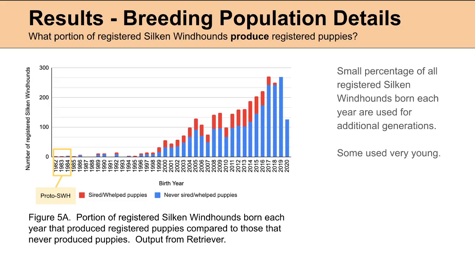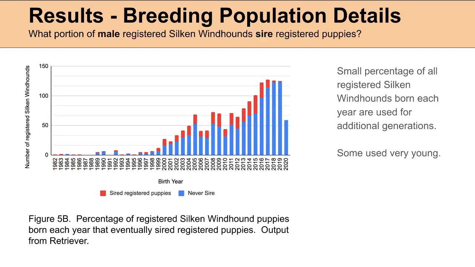In red, on those same bars, you will see the portion of Silken Windhounds that contributed to future generations. What we can tell from this data is that only a small percentage of all registered Silken Windhounds born each year are used for additional generations, and some appear to be used very young.